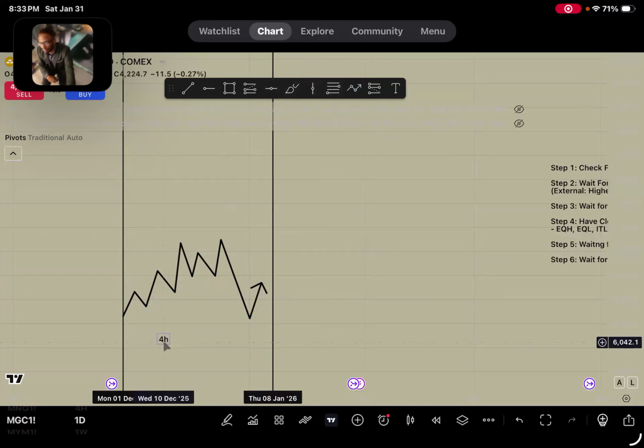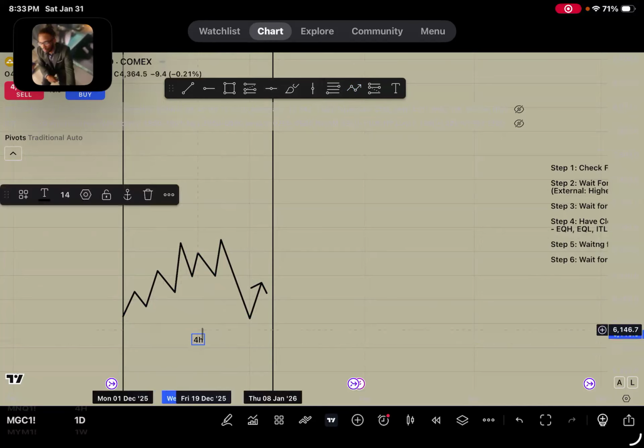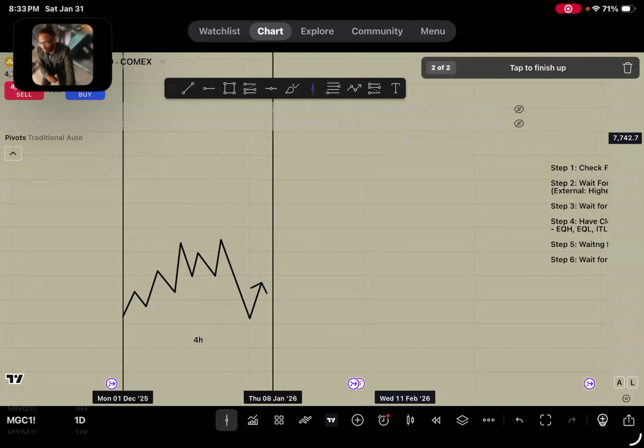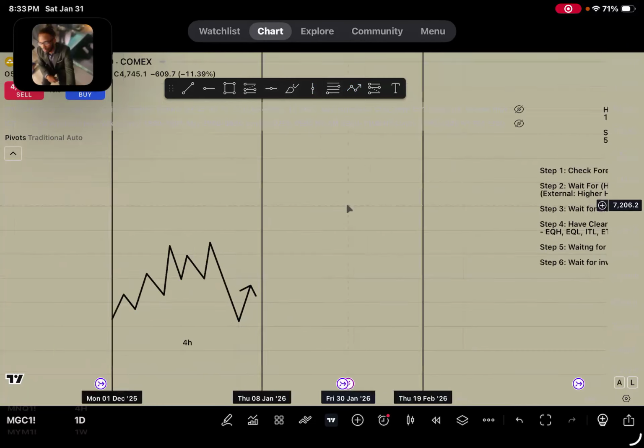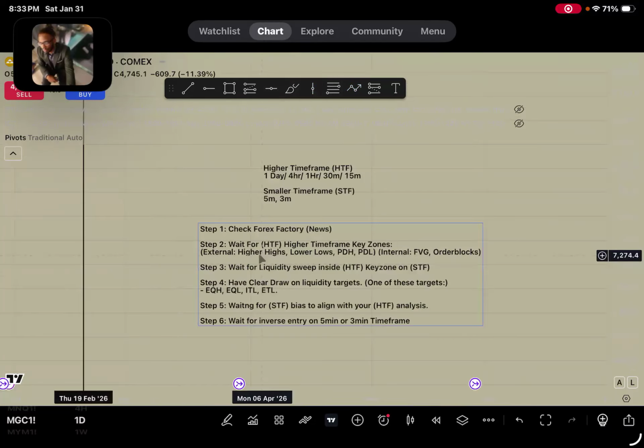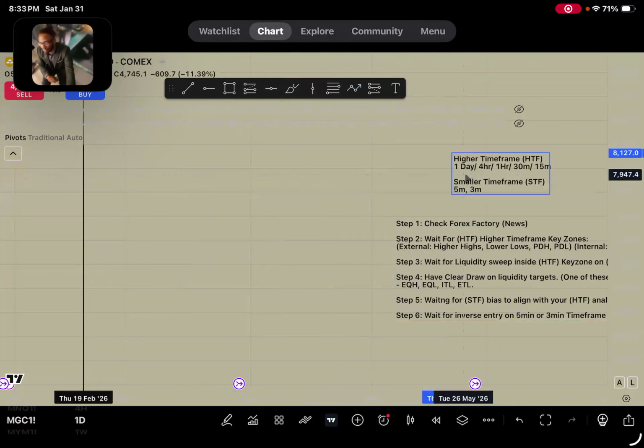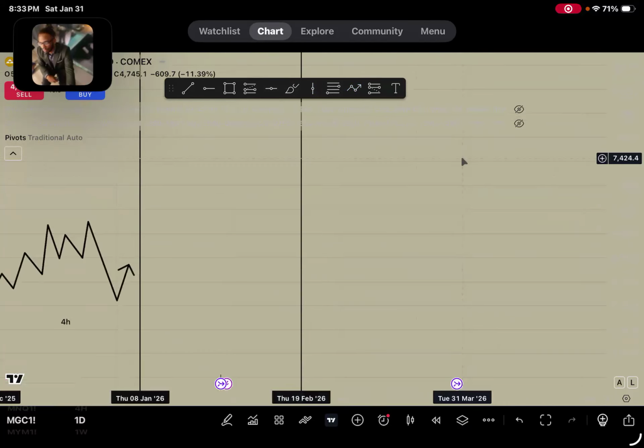Let's say this is the 4 hour time frame, this section here. Let me try to break this down as best as I can.